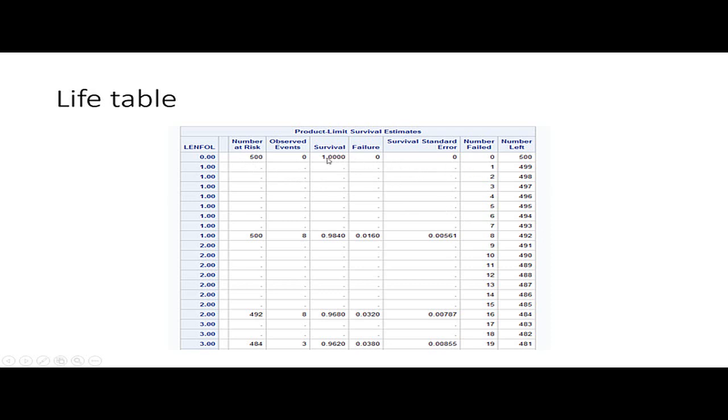Survival probability is 1, because 500 by 500 is equal to 1. And then 8 people die in time 2. Survival probability decreases to 0.98, as you can see on the screen, and then it keeps on going down. Ideally, if you continue doing that for an infinite period of time, it should go down to 0.